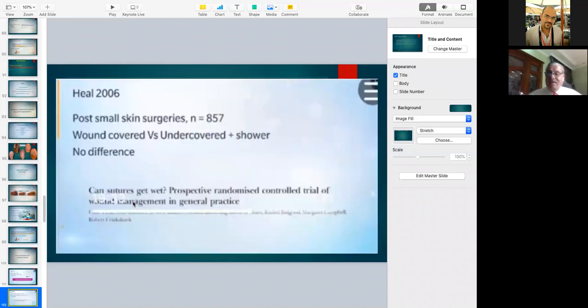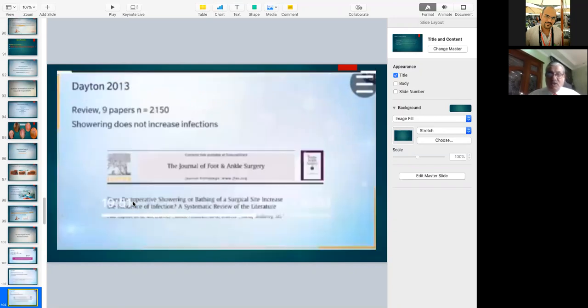And there are many studies on showering or not showering; it has no difference in the rate of infection or wound complication.